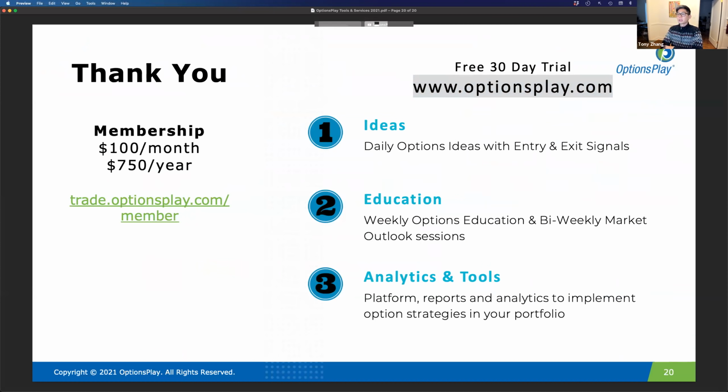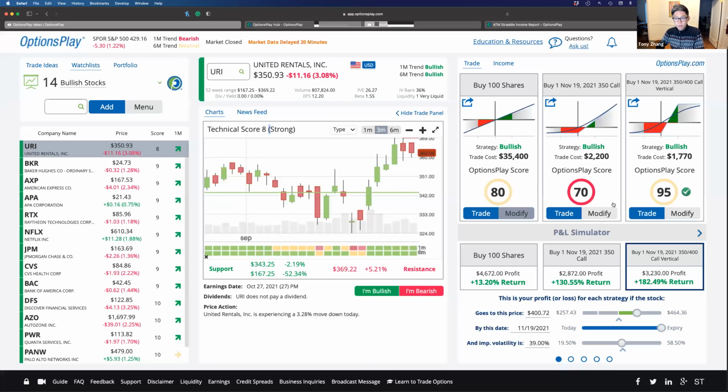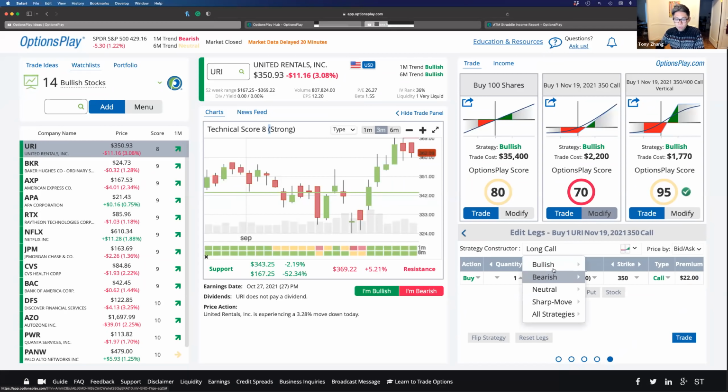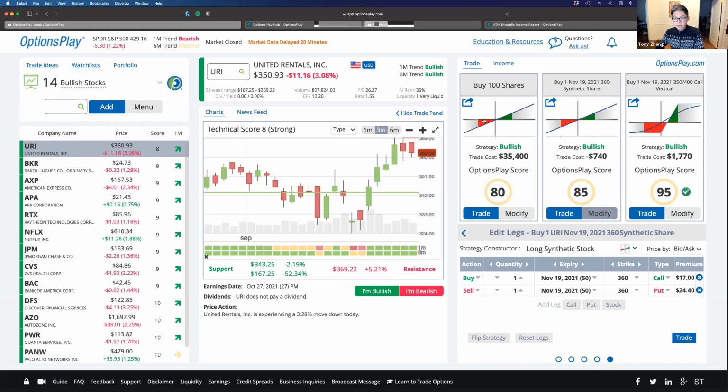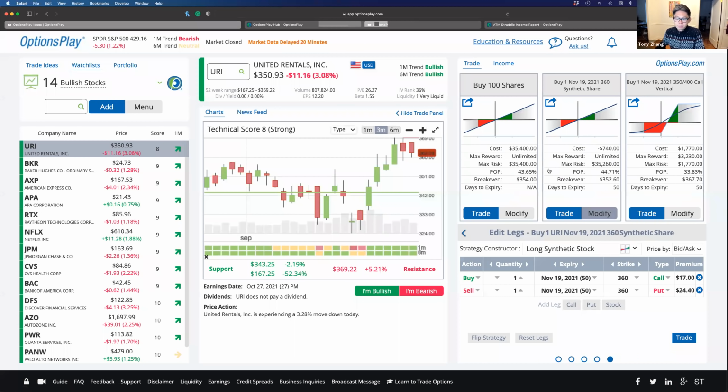What's your opinion on synthetic positions to replicate stocks for those with limited capital? So if you're talking about trading a synthetic stock, right? So bullish, long synthetic stock, as you can see, these two strategies are identical. Here's the thing, the max risk is the same, right? This might be slightly more capital efficient.